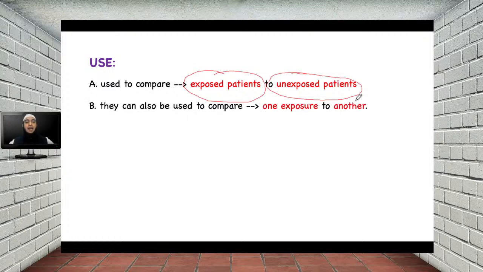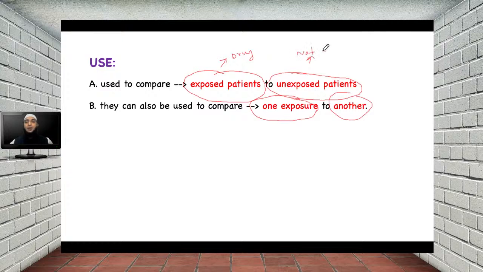Another use is that cohort studies can also be used to compare one exposure to another exposure. So what could be one exposure to another exposure? In the case of exposed and unexposed patients, the exposed patient is the one to whom the drug is given, whereas unexposed patients are those to whom the drug is not given.